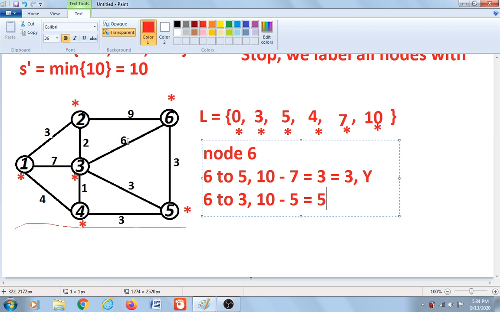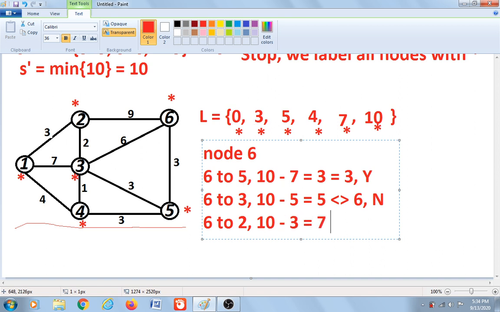It is 6 over here, so 5 is not equal to 6, so it is a no. Now from 6 to 2: 10 minus 2 is 8... the calculation says 7, but the actual distance is 9, so it is not the same, so no.